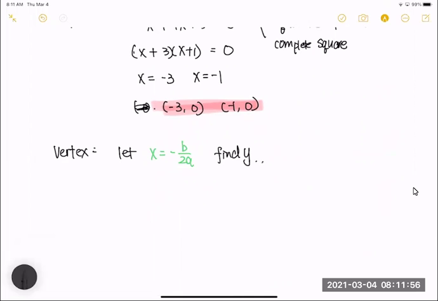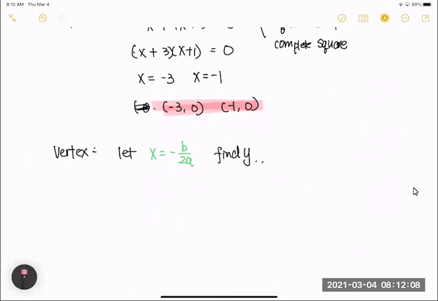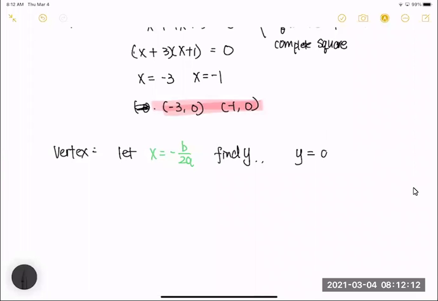Oh, I should put a plus, let me be more specific. So y equals ax squared plus bx plus c, right?